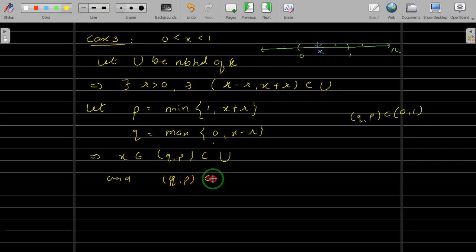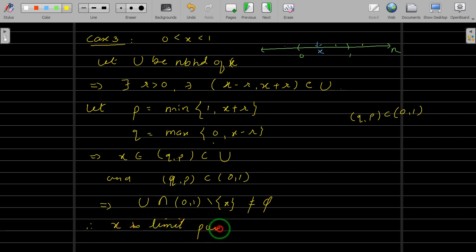Q comma P is contained inside the open interval (0, 1). This implies U intersection (0, 1), even if you remove one point from here, makes no difference, minus the singleton {x}, is non-empty, and therefore this x is a limit point of the open interval (0, 1) in R with usual topology.